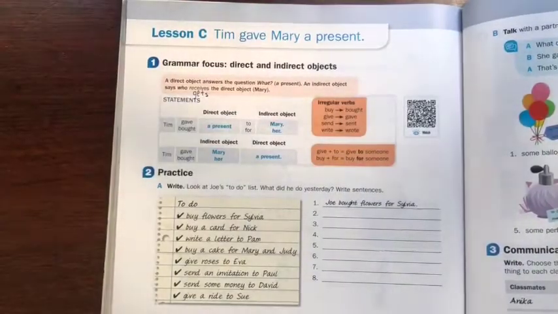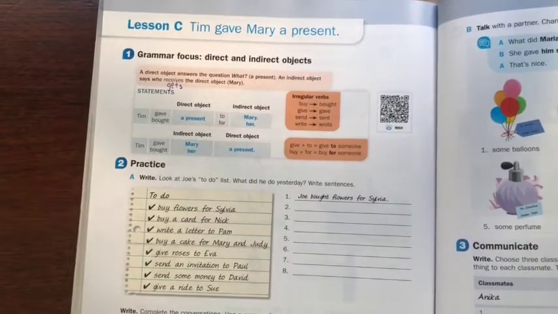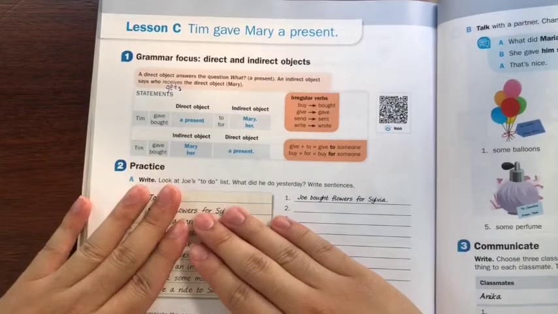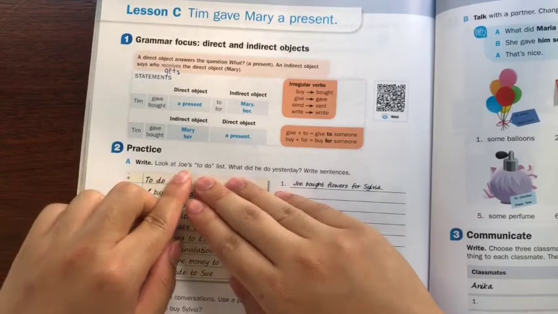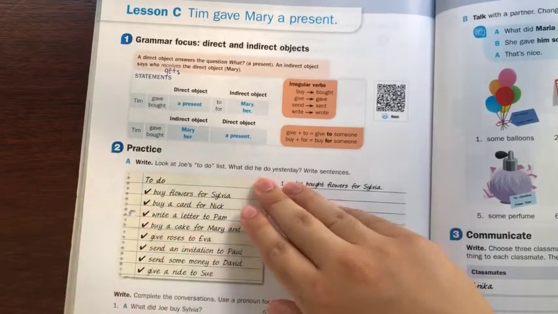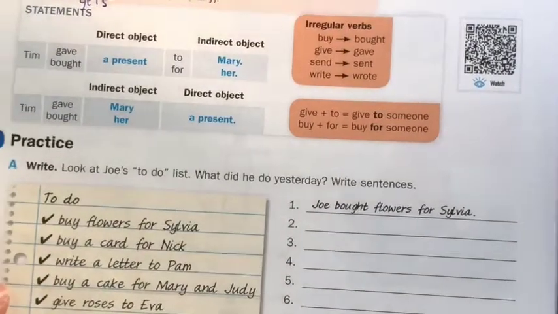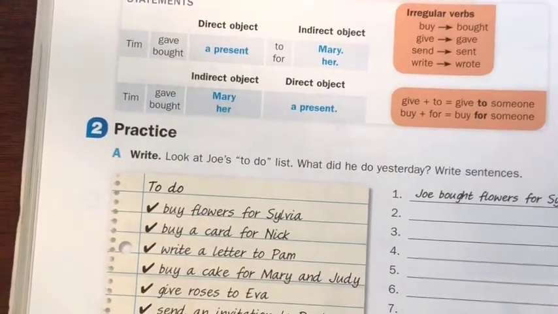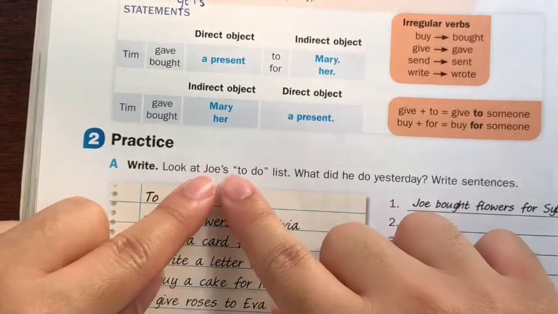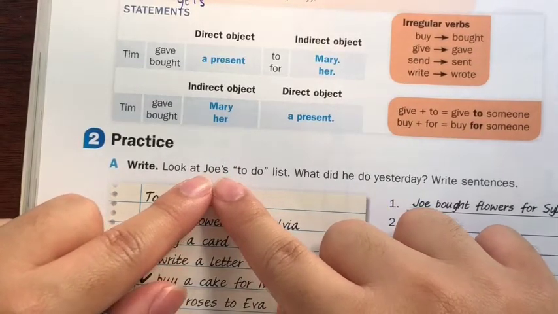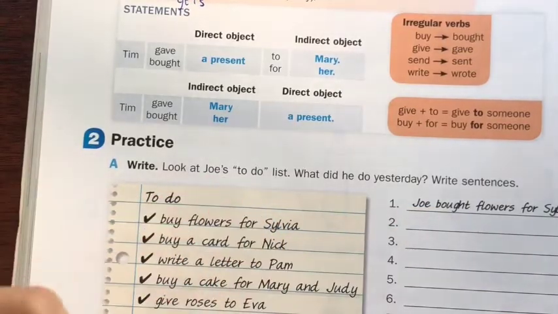All right, so let's look more in the book. So we have a practice here. This is Joe's to-do list. What did he do yesterday? Okay, so we already know the subject. The subject is the thing that does the actions, which is Joe, he.